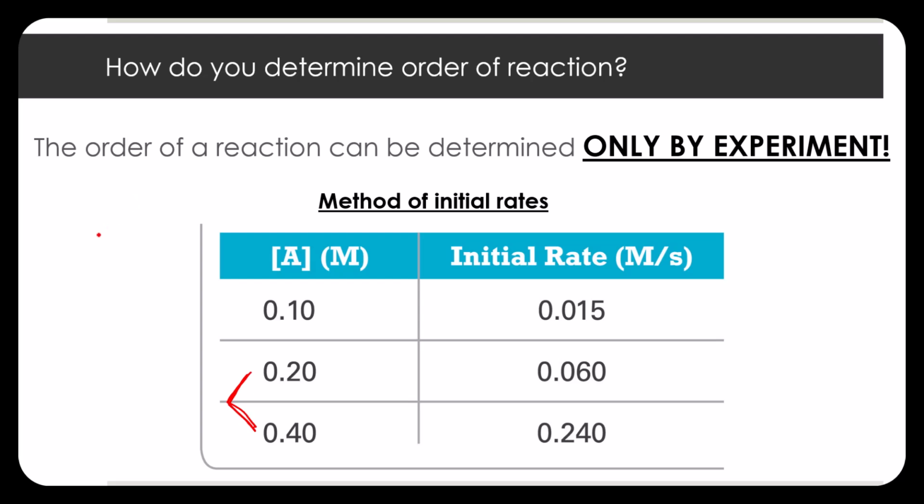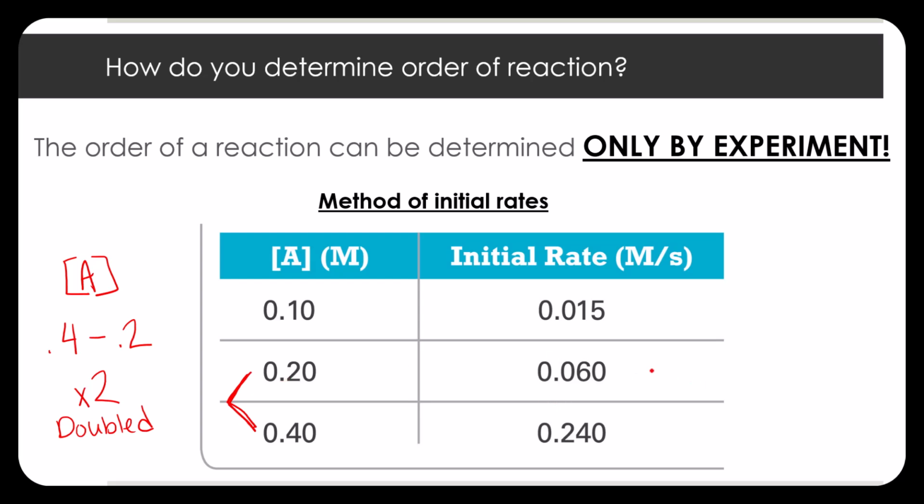So let's look at the concentration of A here. From trial 2 to trial 3, what happened to the concentration? Yep, it doubled. It went up by a factor of 2. Right? 0.2 to 0.4. That's double.